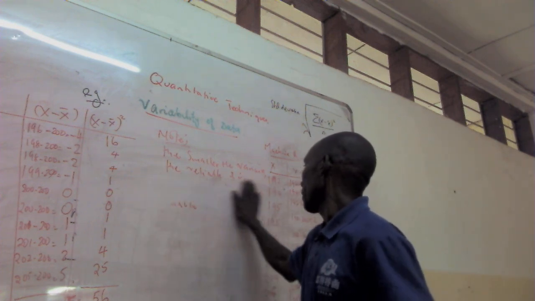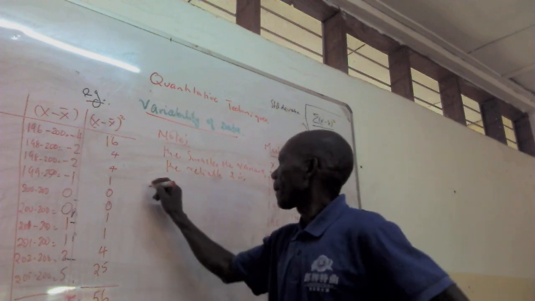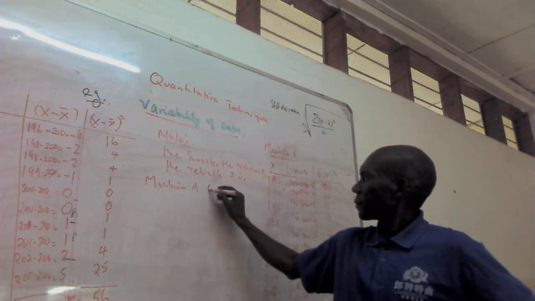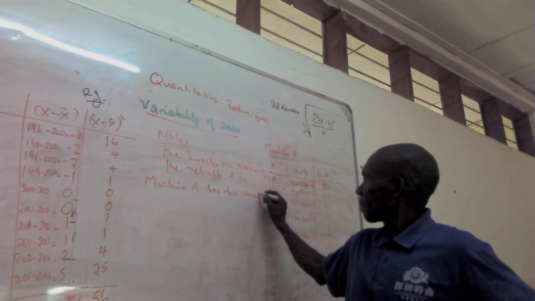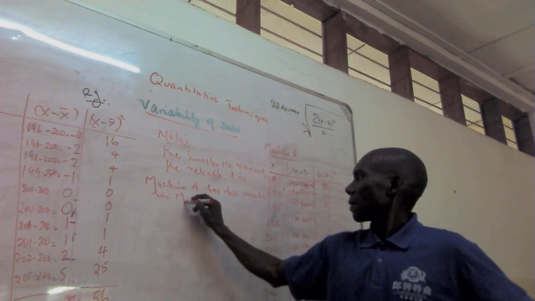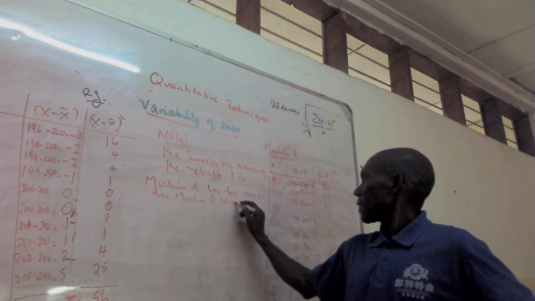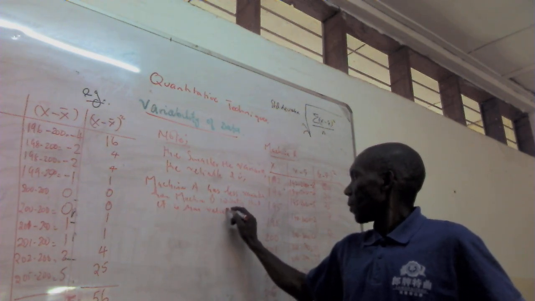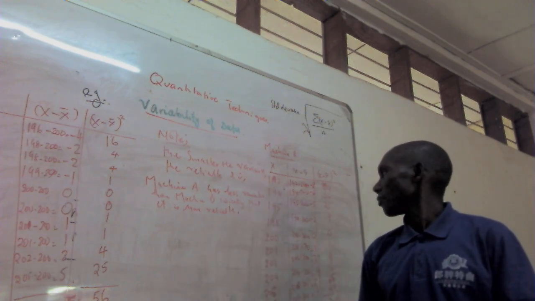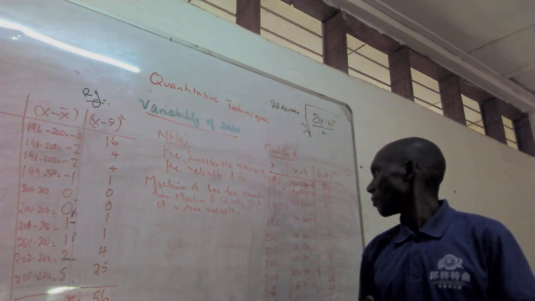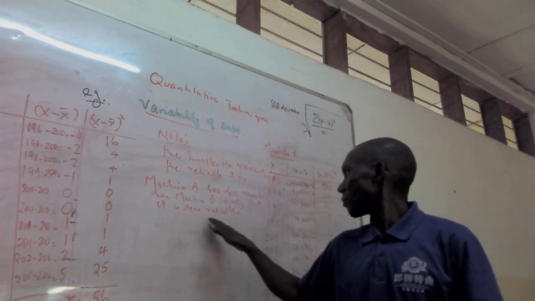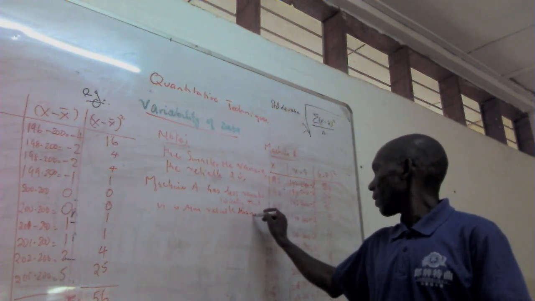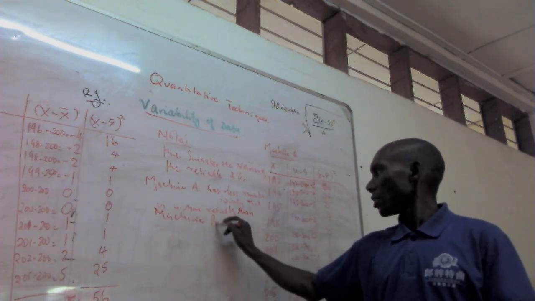And just to write it properly: Machine A has less variation than machine B, indicating that it is more reliable than machine B.